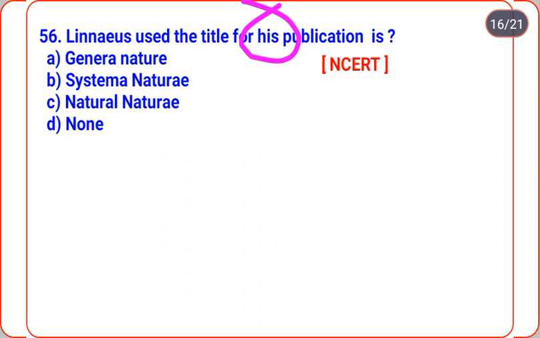So Linnaeus used the title for his publication is option A Genera Nature, option B Systema Nature, option C Natural Nature, option D none. So here Linnaeus used the title for his publication is Systema Nature. We everyone know Systema Nature, we have read it in our earlier classes.